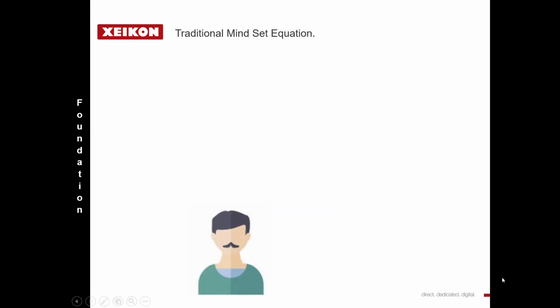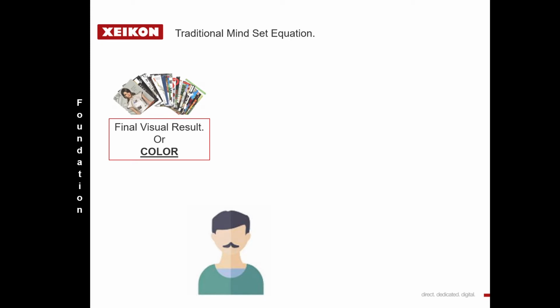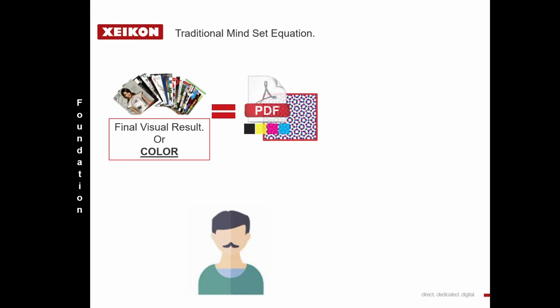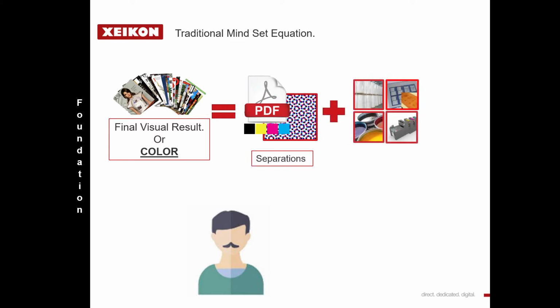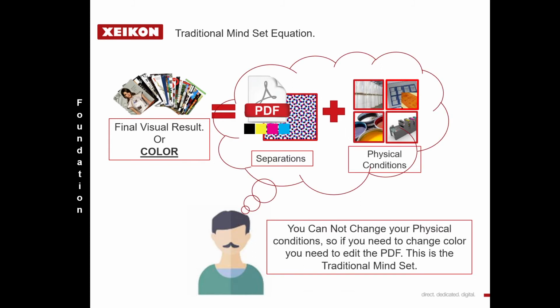So the traditional mindset, I think, goes something like this. We have a visual result, which is the function of the separations plus the physical condition. And because you can't change the physical condition, if you want to change the visual result, then you must need to change the PDF or the separations.